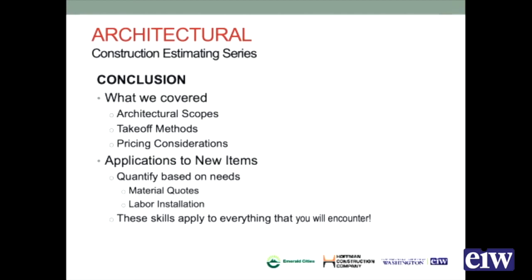And when you come across something new, everything I've talked about today applies to that. Look at the quantities, what quantities make sense, talk to your vendors to make sure they agree with those and what you're going to get a material price for, and then look at what the labor is to install the work. Whatever you come across, whether it's suddenly having glass as a facade system that's not a window, it's glass on top of an exterior wall system, that's something new.